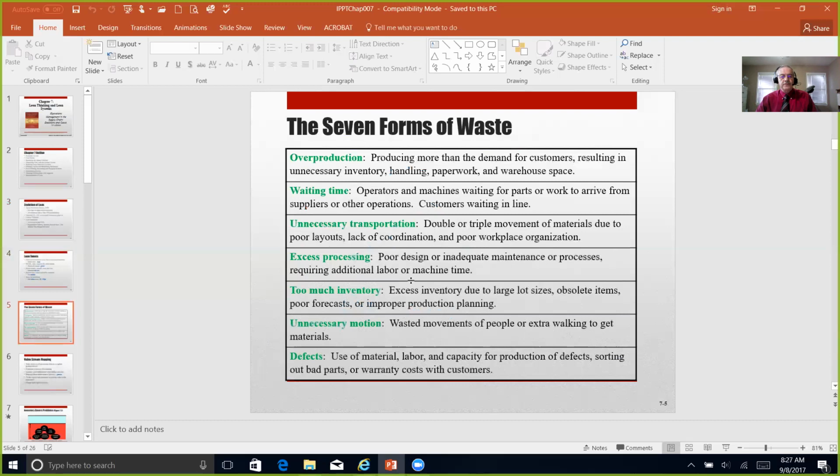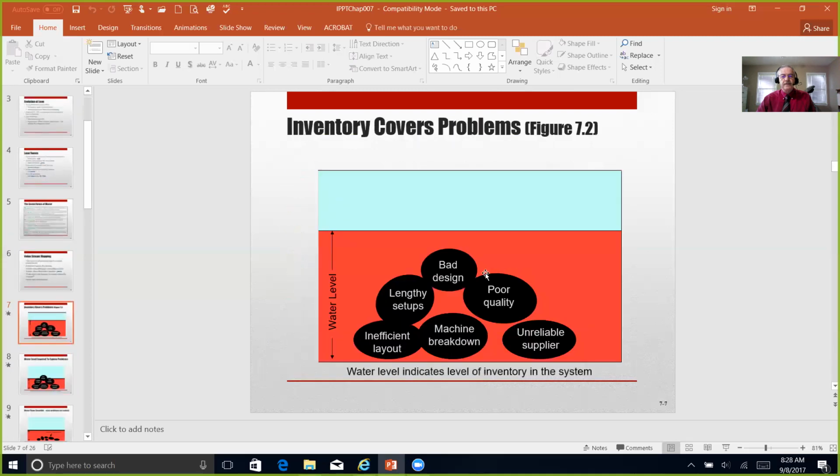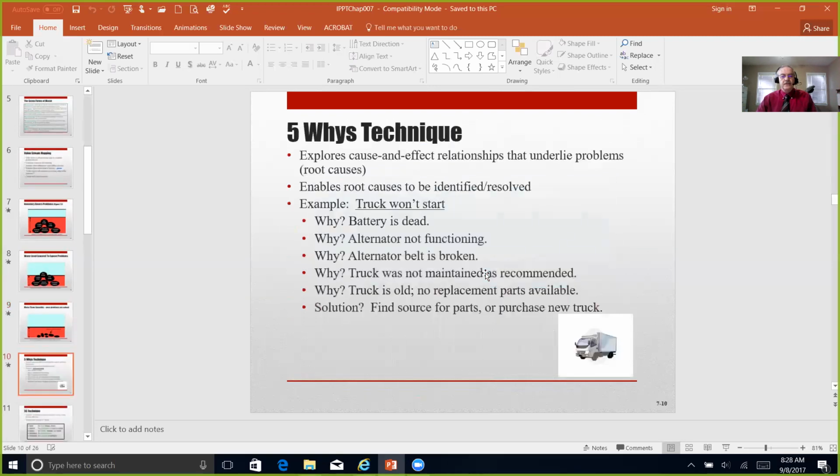Here's the 7 forms of waste, I think we've already talked about. We talked about value streaming already, and the term Gemba. Figure 7.2 we talked about as well. The 5 Why techniques we kind of talked about, and this is just an example of a dead battery to help us with the 5 Whys.